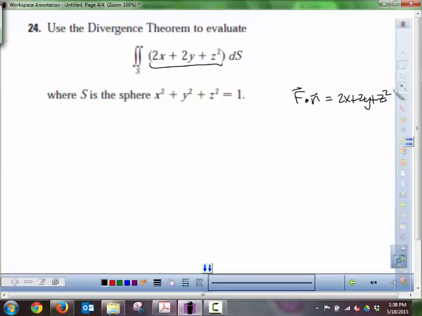Which is a scalar function, right? Now, if we know that the surface is a sphere, can we take a stab at what n might be? What is n?